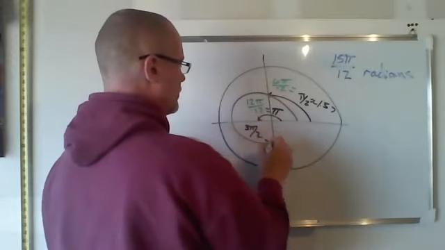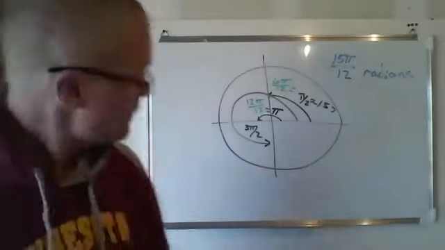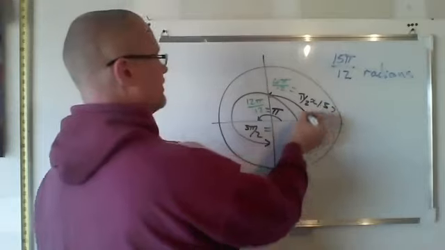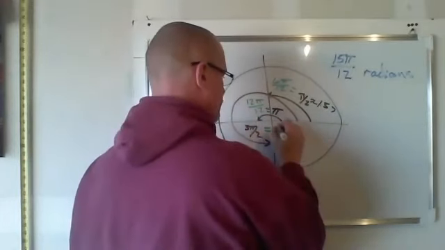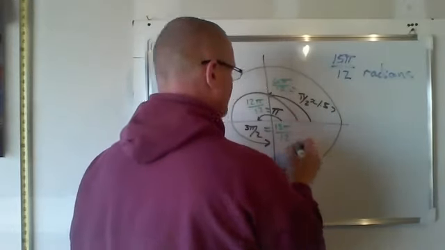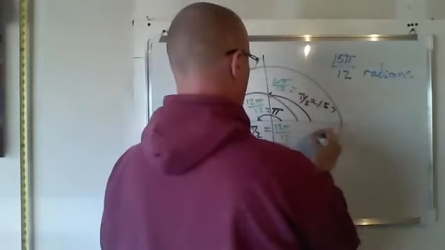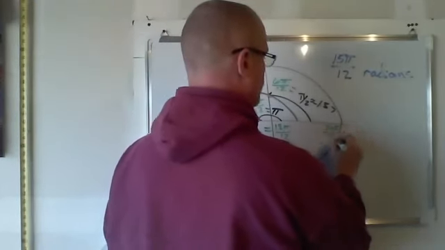So we're going for 3 pi over 2, which is the same as 6 pi over 12, 12 pi over 12, 18 pi over 12. And then all the way around, another 6 pi over 12 would get me to 24 pi over 12.